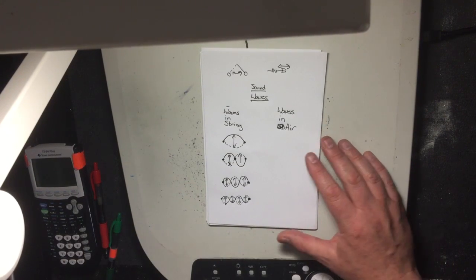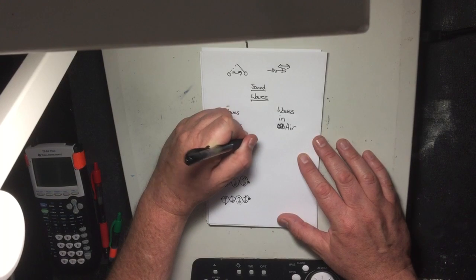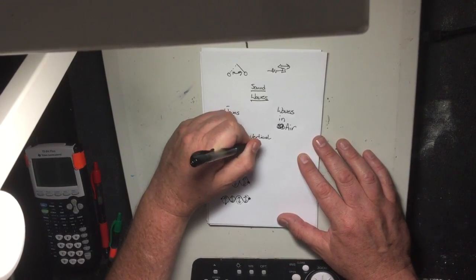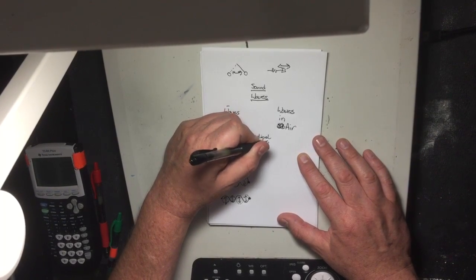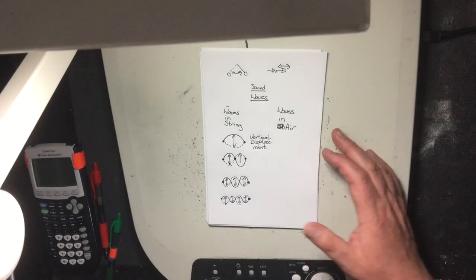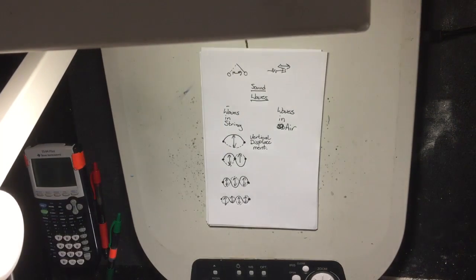So the vertical displacement has regions where it moves the most and regions where it moves the least.